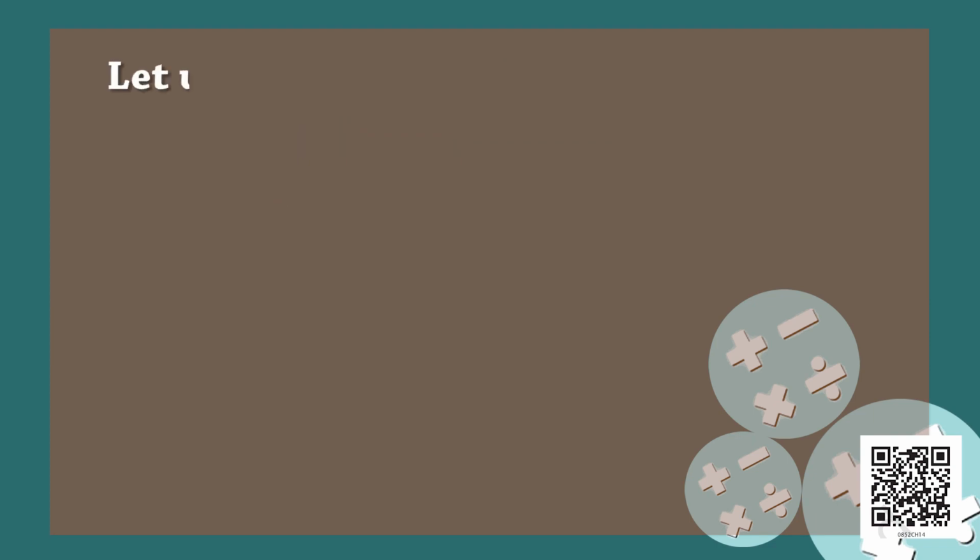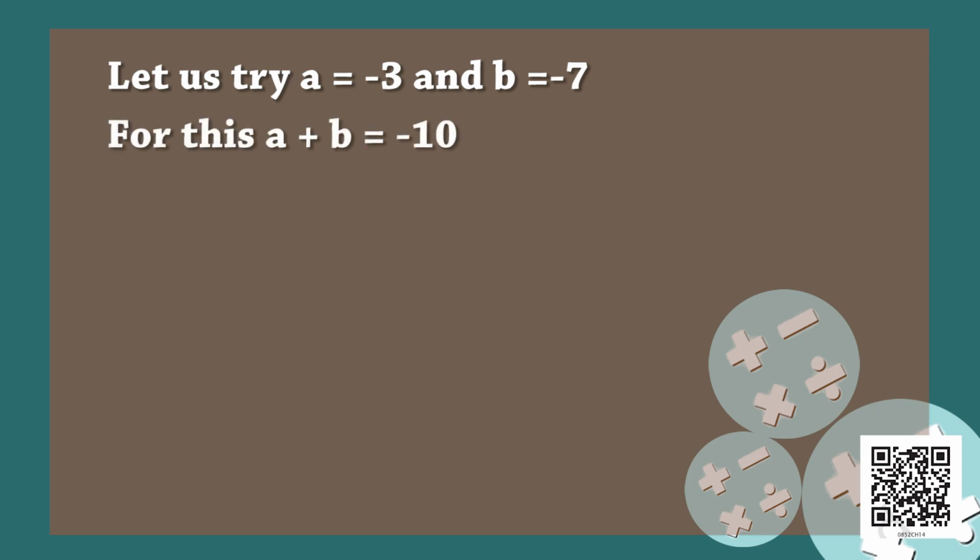So, this choice is not right. Now, let us try a is equal to minus 3 and b is equal to minus 7. Then clearly a into b, that is minus 3 into minus 7, is equal to 21 and a plus b is equal to minus 3 plus minus 7, that is equal to minus 10, which is exactly what we required.